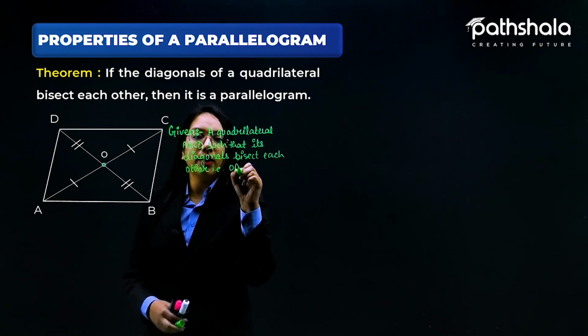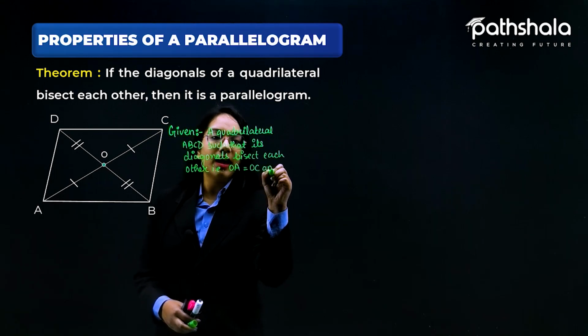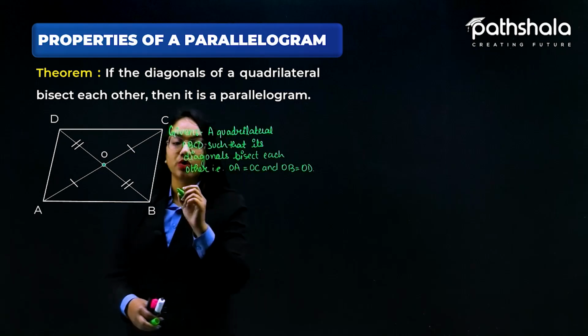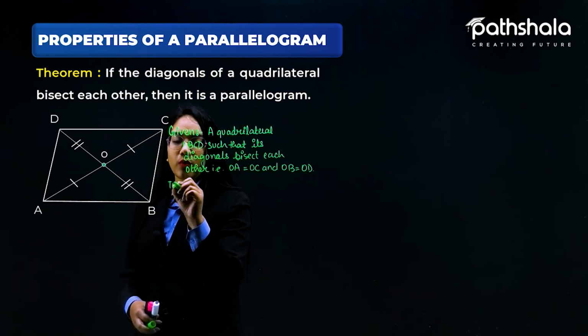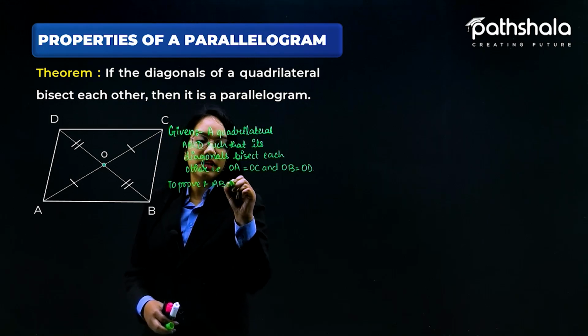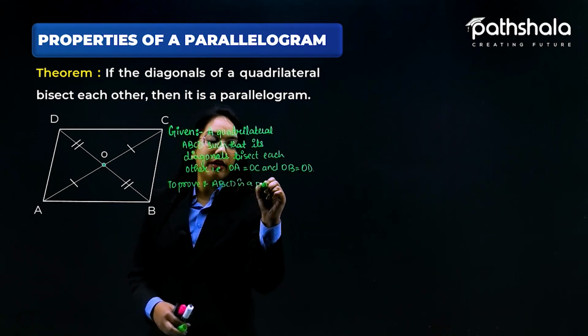That is, OA is equal to OC and OB is equal to OD. This is the given condition to us. Now what we have to prove over here is that ABCD is a parallelogram.